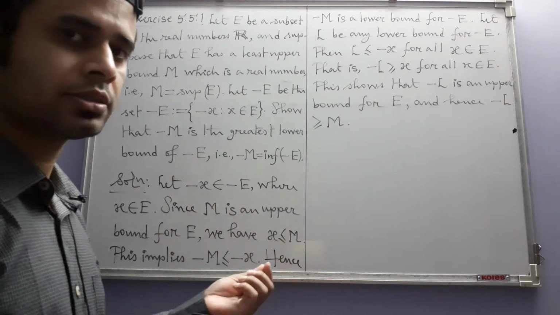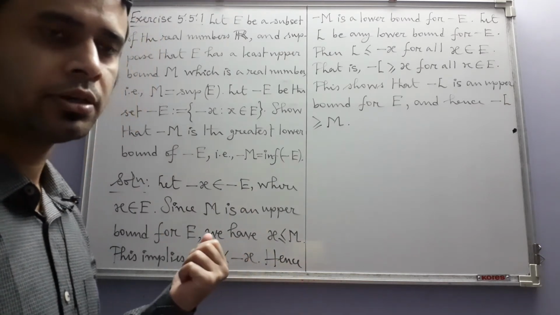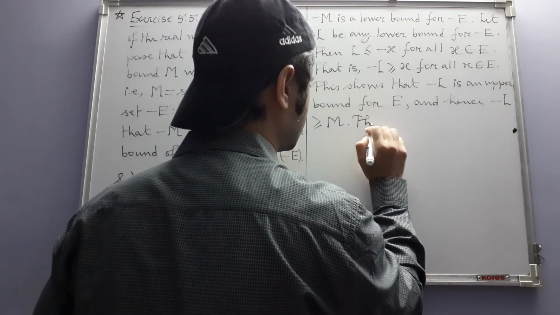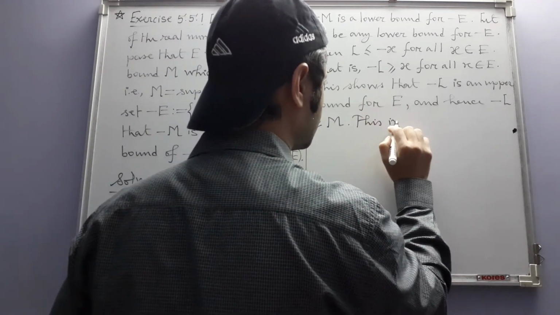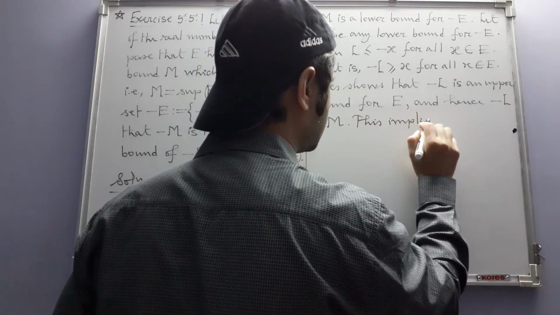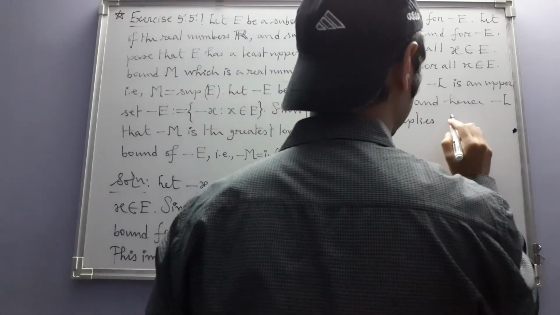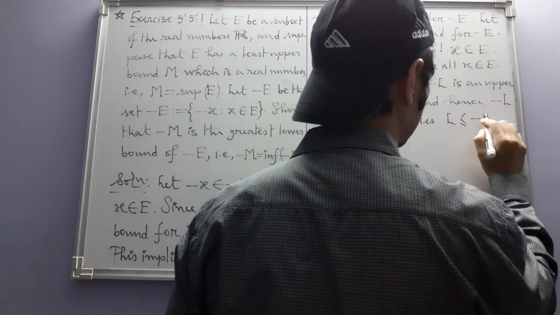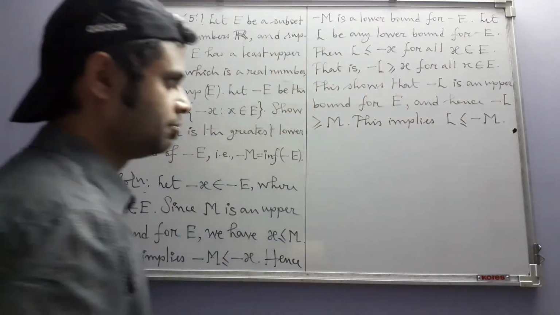M is the smallest among all the upper bounds for E. And this last inequality implies L is less than or equal to minus m.